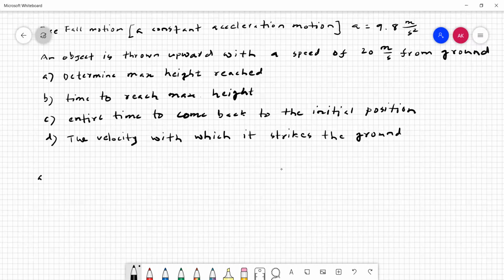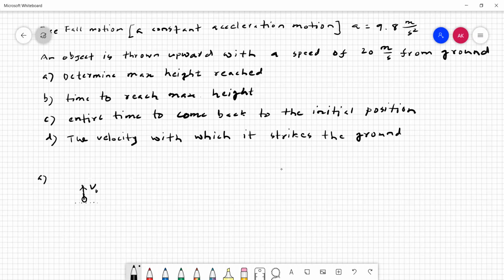So we have an object at the ground position, and we throw the object in the upward direction. The initial velocity of the object is v0, in the upward direction.